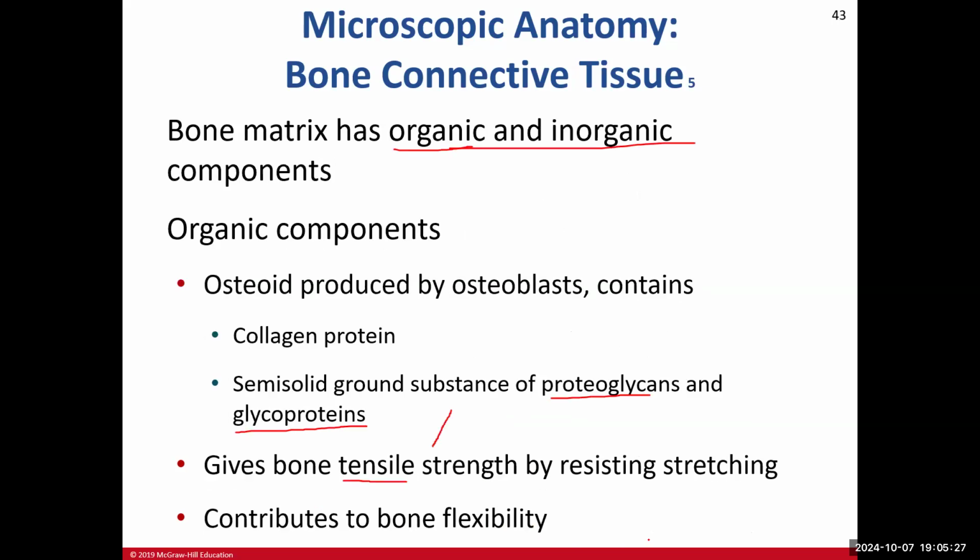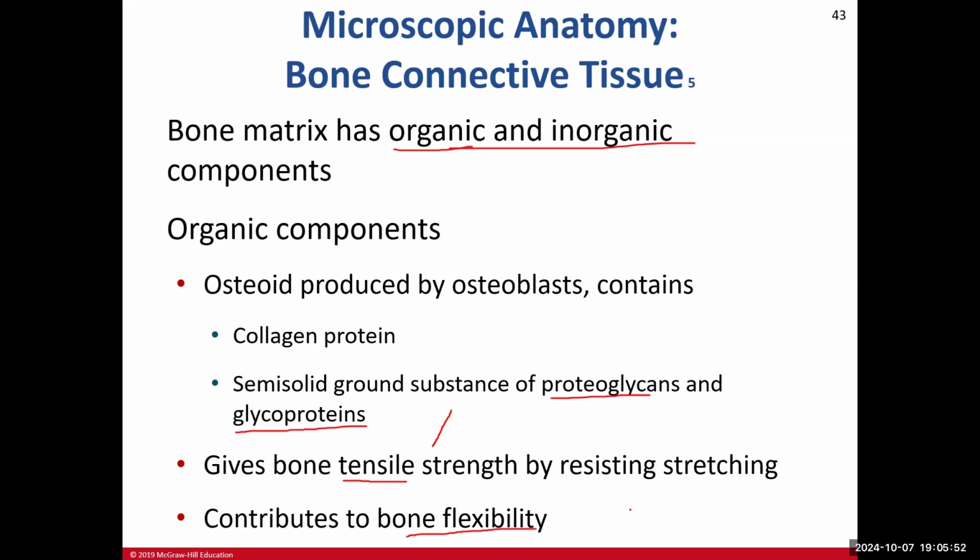The organic component of the bone contributes to flexibility of the bone. So if you were to get some sort of disease, let's say, that affects the organic component of the bone, and you're not able to produce as much osteoid, for example, you might not be making enough of it.